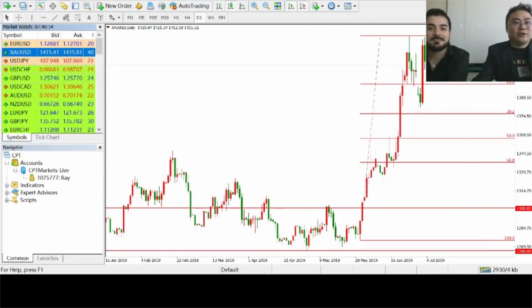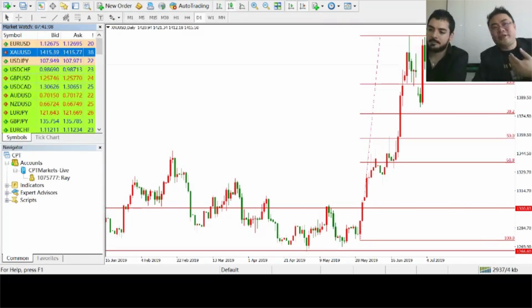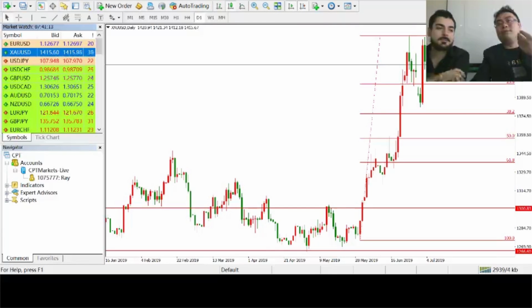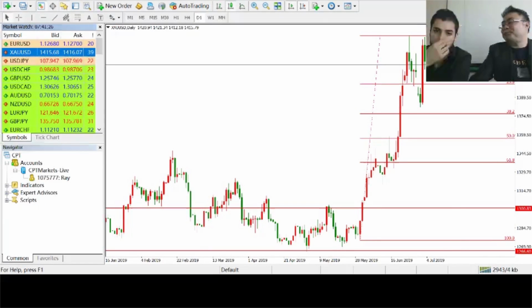So this is the analysis for the non-farm payroll. In my opinion, tonight the number will probably be a good one, just around 14 or 15, maybe around that. If the number is like that, I think the US dollar goes up, the euro goes down, and the gold price shoots down.